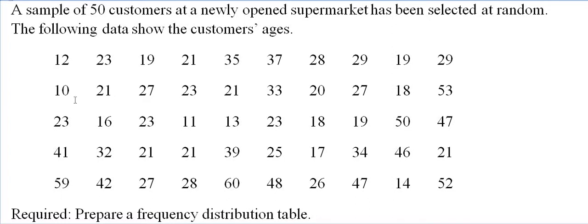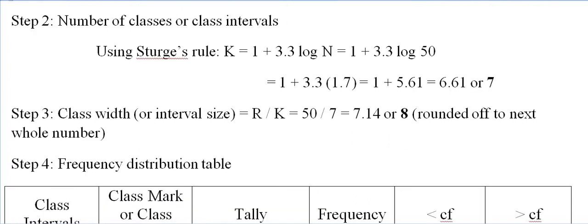Step 2 is to compute the number of classes or class intervals. Usually, this is done by using this formula from Sturges rule. K stands for the number of classes or class intervals.